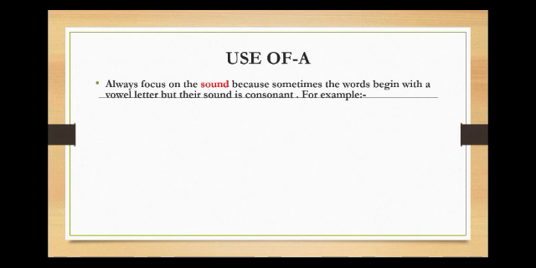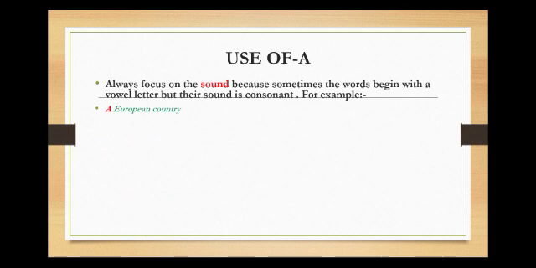Now, always focus on the sound. I told you earlier also that whenever you are using articles, always focus on the sounds. Because at times the words begin with a vowel letter, but the sound is consonant. For example, a European country.